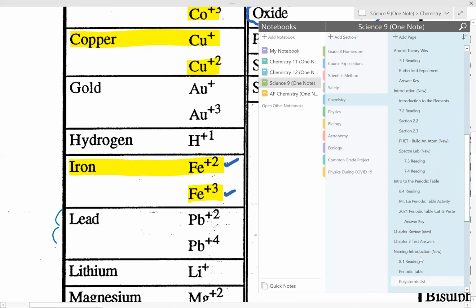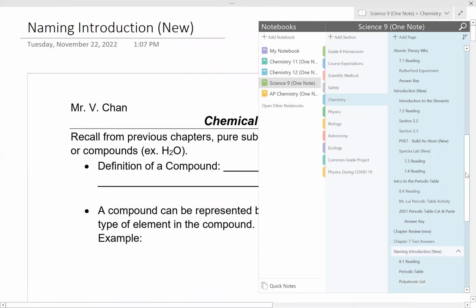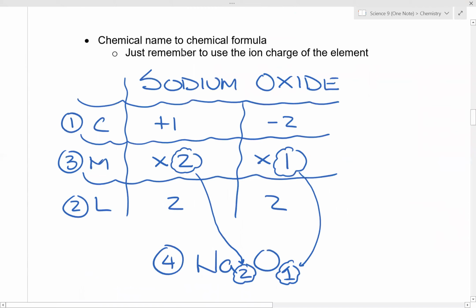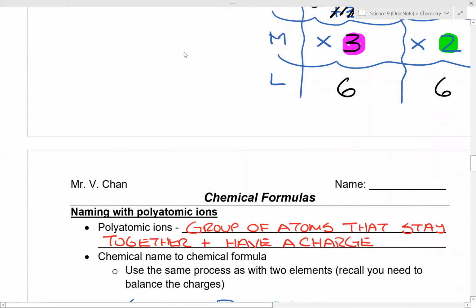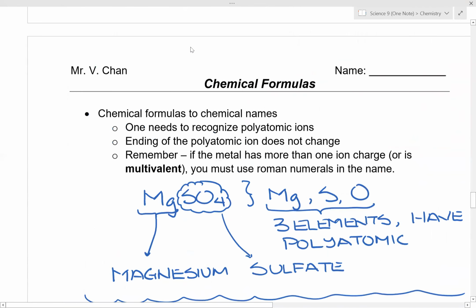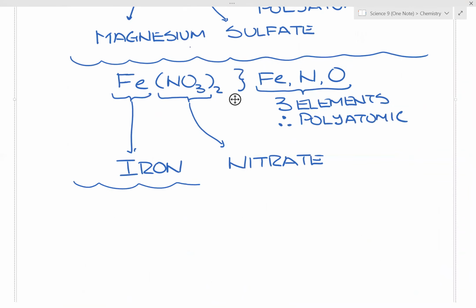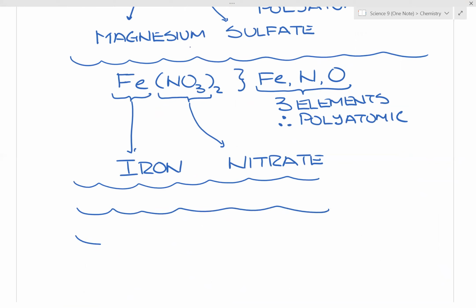So in this particular case, oh, why is this one all the way up here? That's okay. So what we need to do is scroll back down here. Sorry. So now we need to set it up again. If you're setting up the iron and the nitrate, here would be the charge, the multiplier, and the LCM.